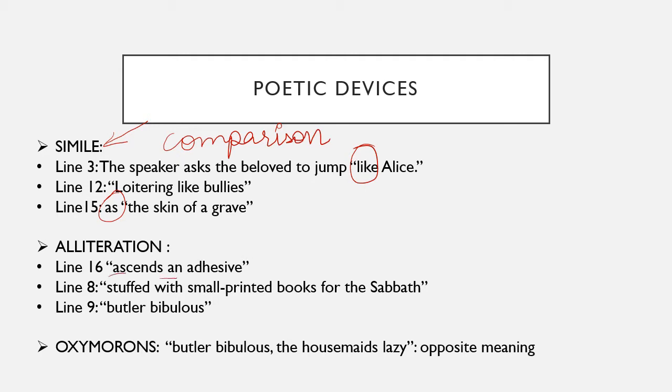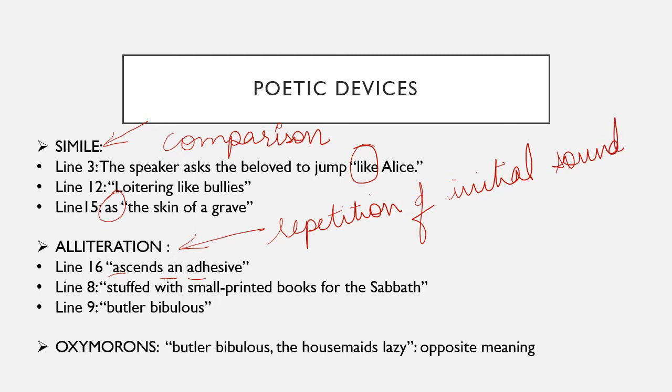Alliteration. In line number 16, we have a sense and adhesive. So and a. This poetic device has been covered in a number of poems before, but I'm just going to repeat it one more time. Alliteration is the repetition of initial sounds.